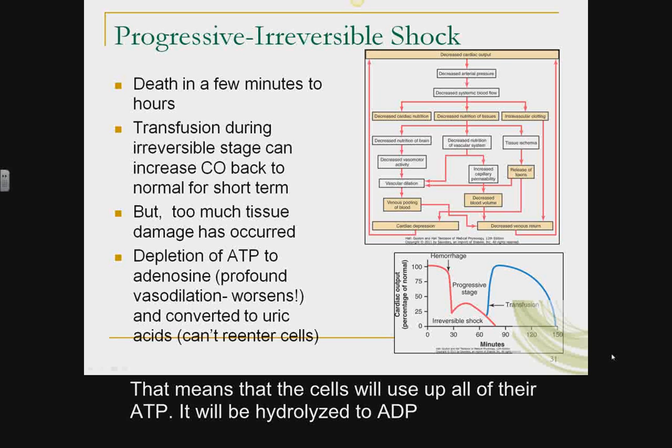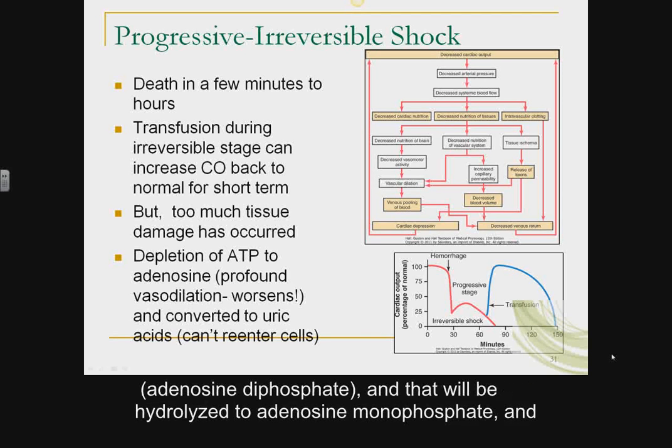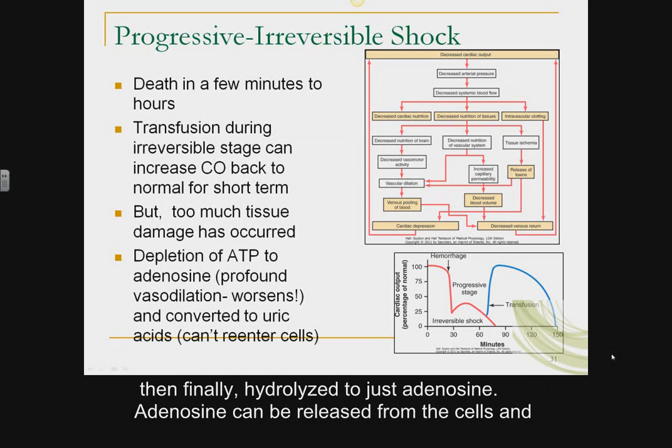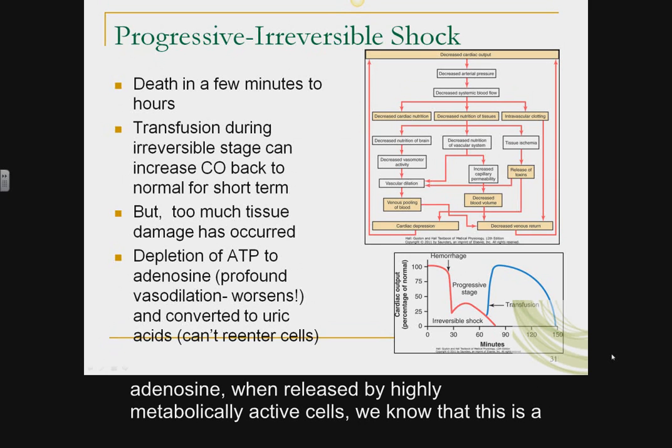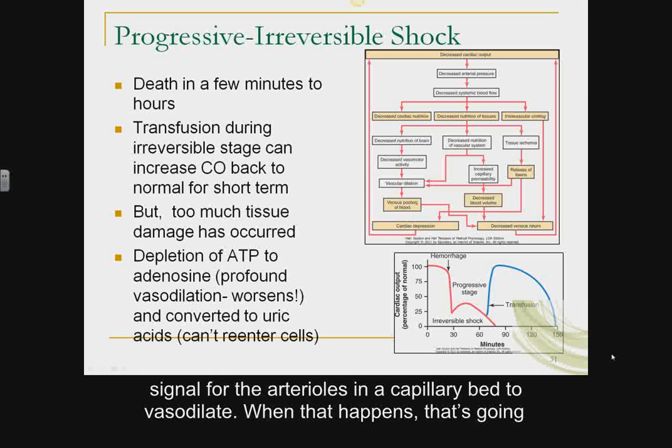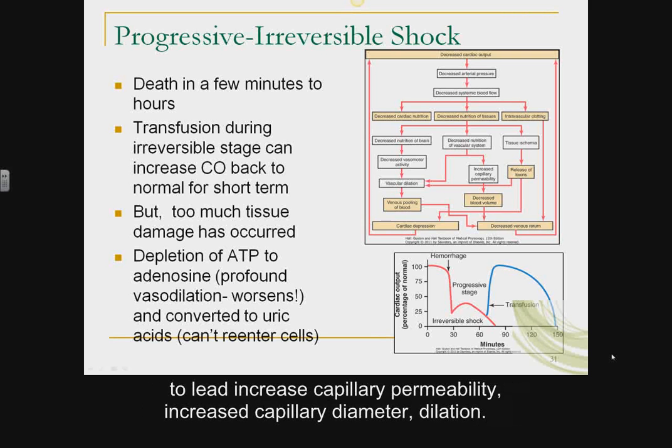It will be hydrolyzed to ADP, adenosine diphosphate, and that will be hydrolyzed to adenosine monophosphate, and then finally hydrolyzed to just adenosine. Adenosine can be released from the cells, and when released by highly metabolically active cells, we know that this is a signal for the arterioles in a capillary bed to vasodilate.